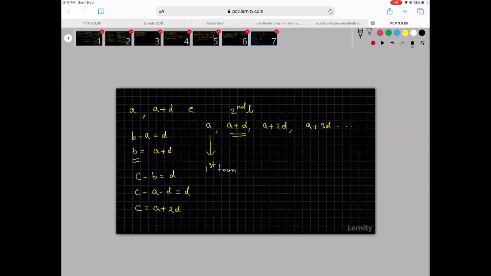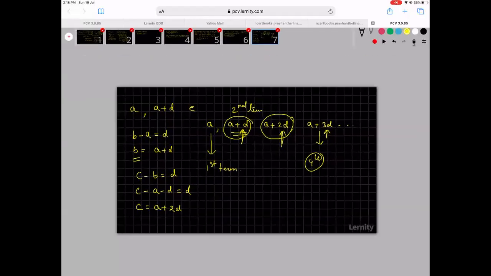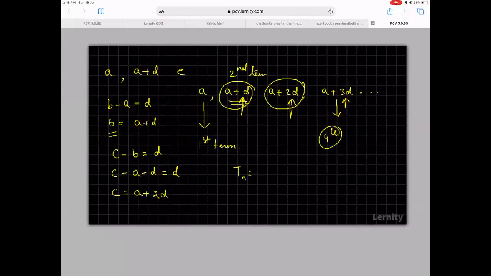Second term. What is A plus 3D? Fourth term. So in the fourth term, you have 3D. In the second term, you have 1D. In the third term, you have 2D. So in the nth term, what will you have? You will have n minus 1 D.